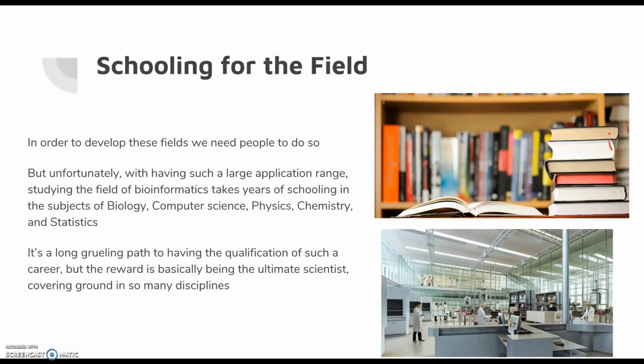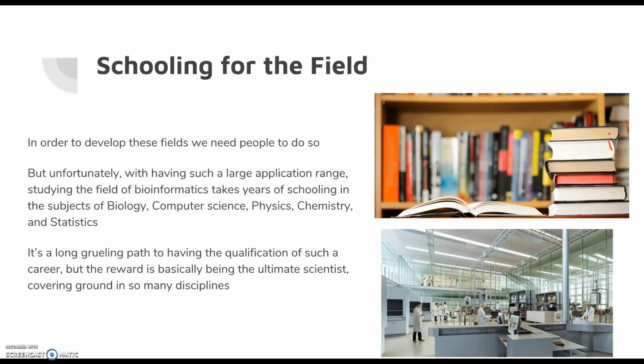So onto the path to careers in bioinformatics. In order to develop these fields, we need people to do so. Unfortunately, being such a large range of a curriculum, students have to take courses in biology, computer science, physics, chemistry, and statistics. Really, all the necessities when it comes to taking any science.